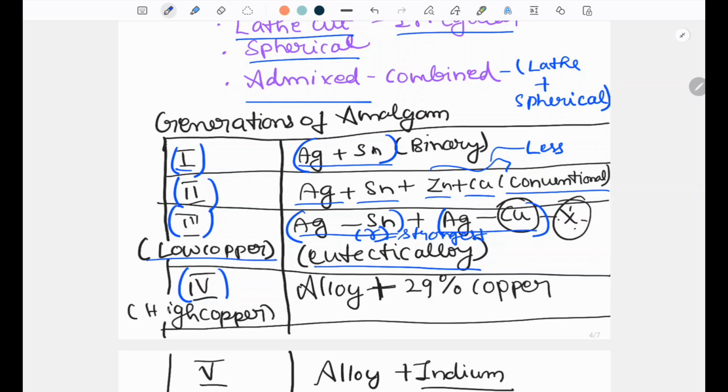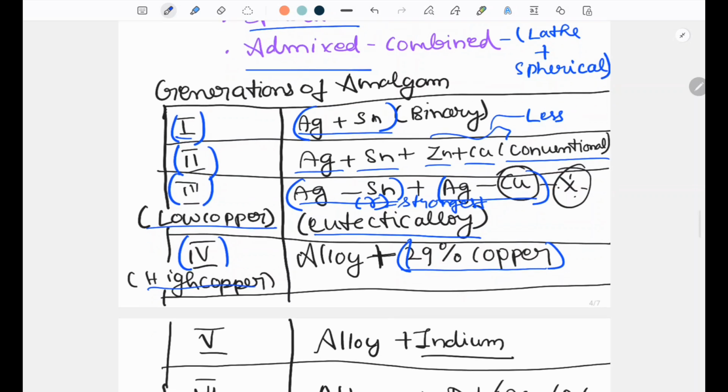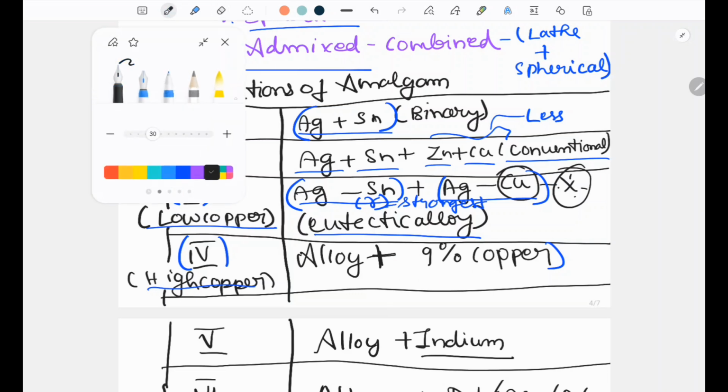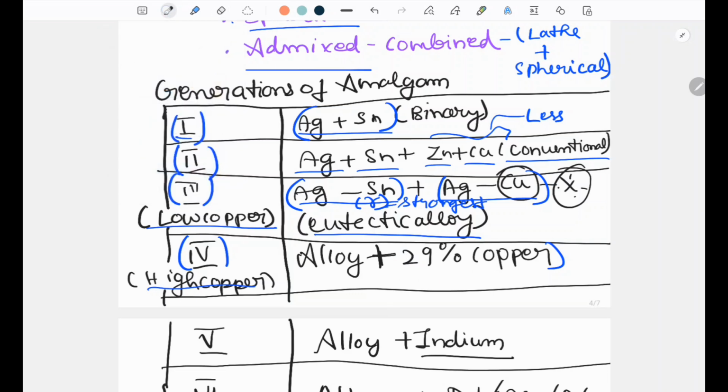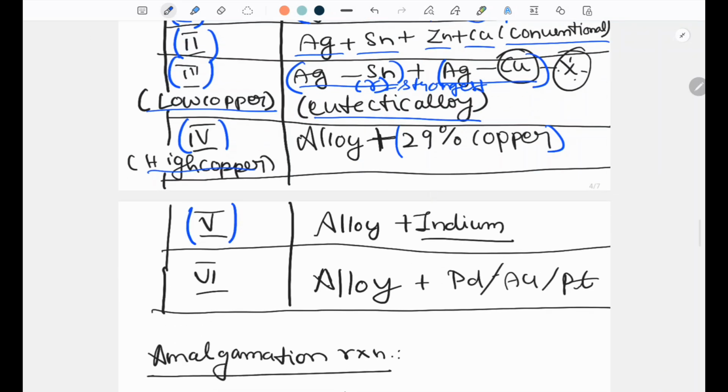The fourth generation, that is high copper, where alloy plus 29% of copper is used. In the fifth generation we have alloy plus indium. Indium is a scavenger like zinc. It just removes the oxygen and makes the corrosion resistance better.